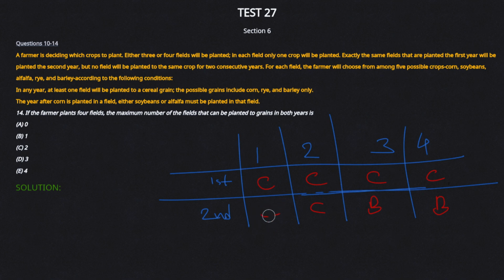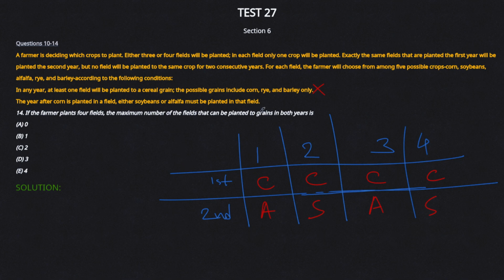That will hinder our progress with this problem, because if you plant corn in every one of those fields, then the next year you will end up with either alfalfa or soybean. Now, in the second year, we don't have a cereal grain, so this condition is getting violated. So this is not a correct scenario.